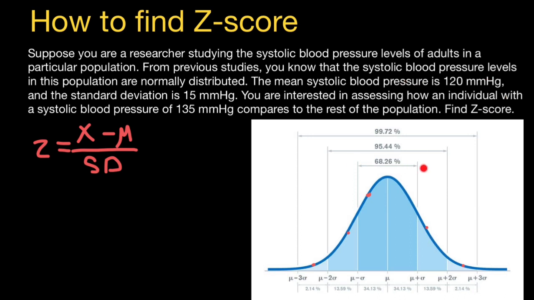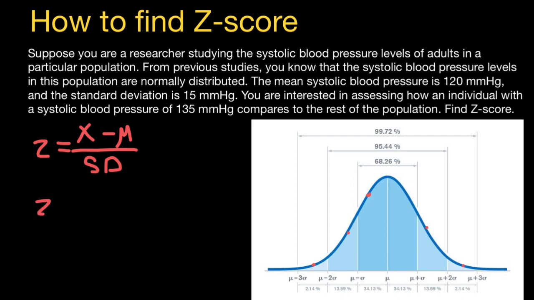For example, within one standard deviation from the mean, we can find 68.26% of all data collected, and within two standard deviations from the mean, we can find 95.44% of all data collected.